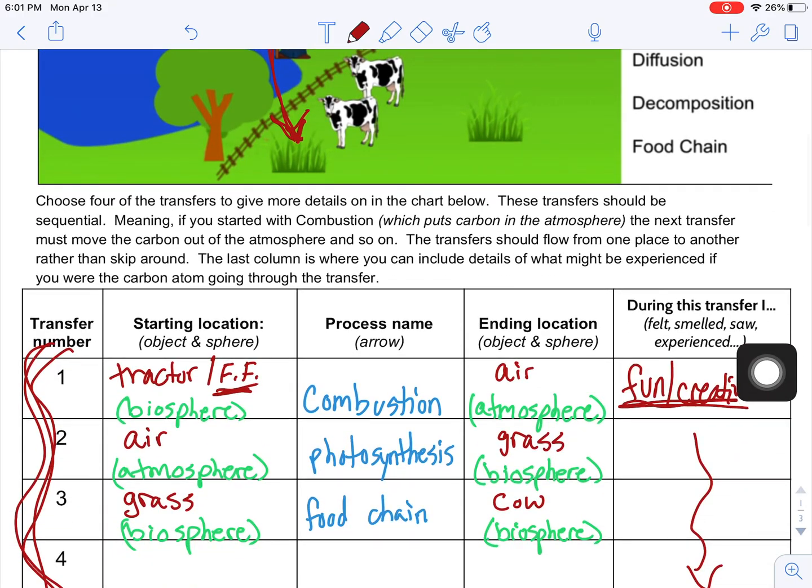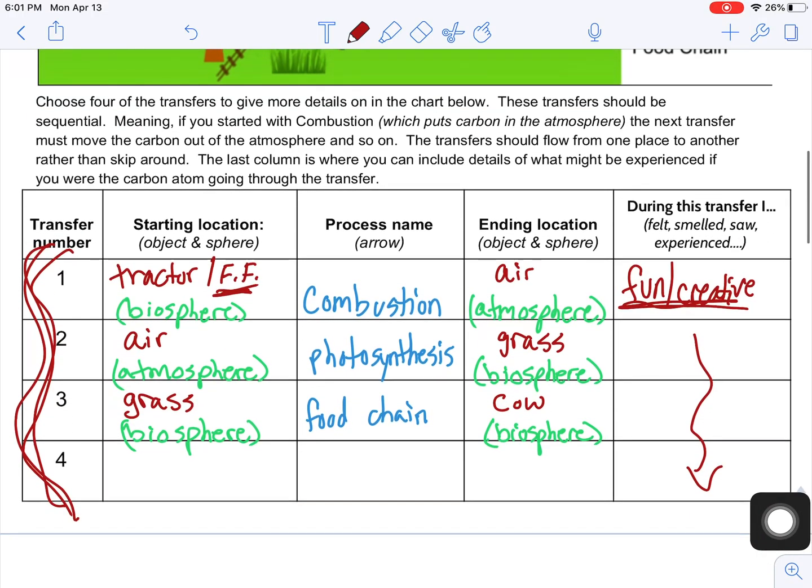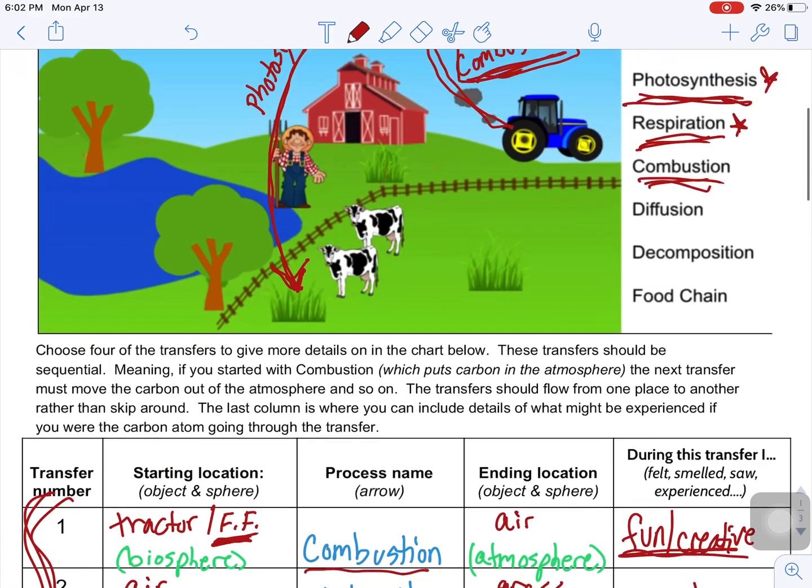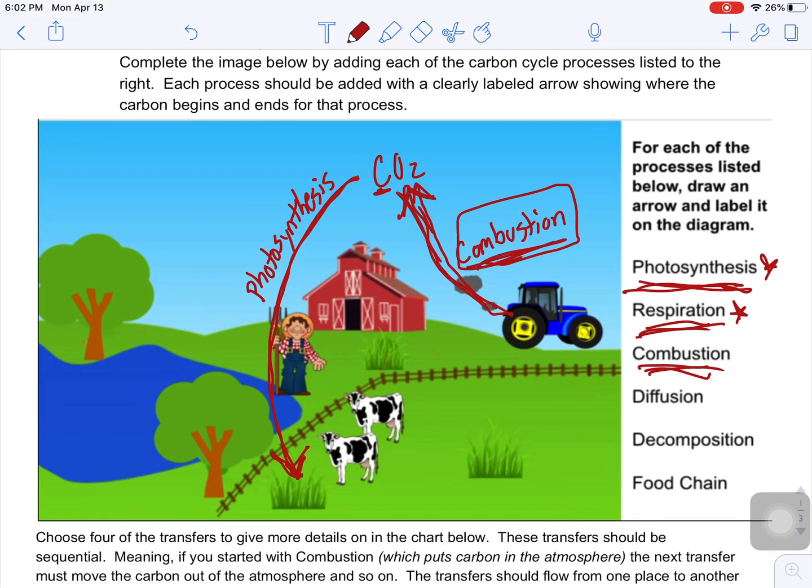And what we're trying to do is make kind of a silly or fun story about our journey through the carbon cycle. And so in Miss Chumley's example, she started off with the tractor having gasoline in it or fossil fuels, and it's burning that fossil fuel through combustion, and now it's going into the air, okay, like in our picture.